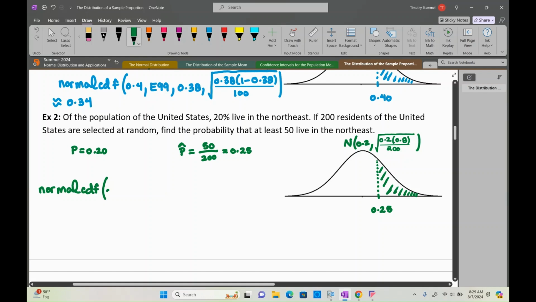Our lower bound is 0.25, our upper bound is E99. The mean of our sampling distribution is 0.2, and the standard deviation is 0.2 times 0.8 over 200, and then we just need to square root that.